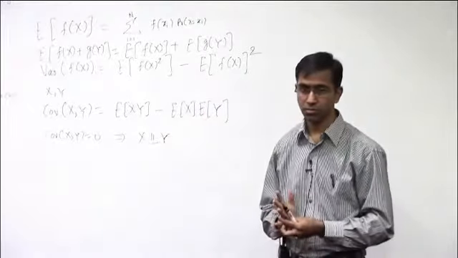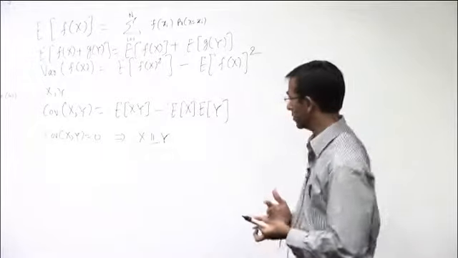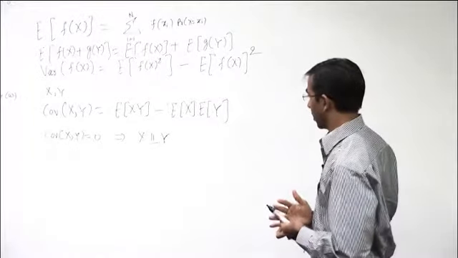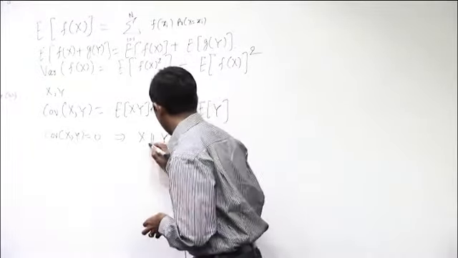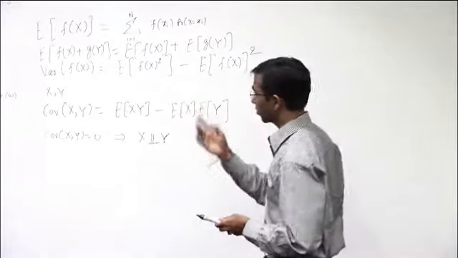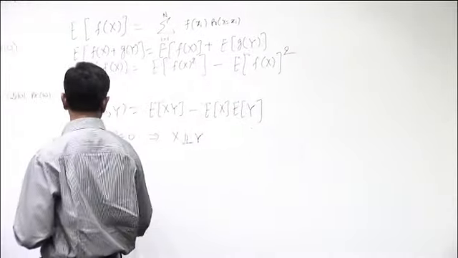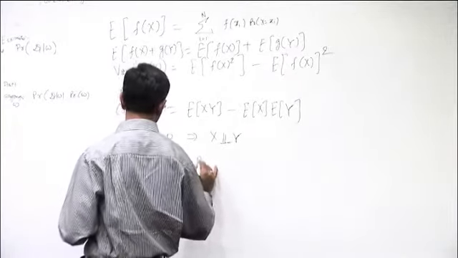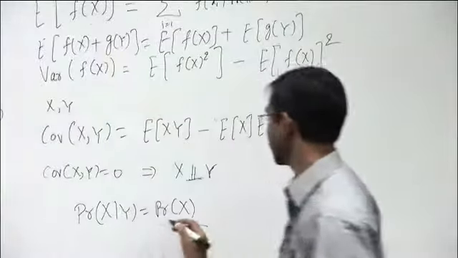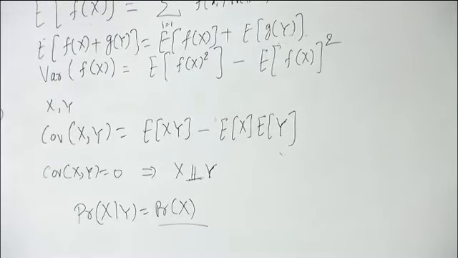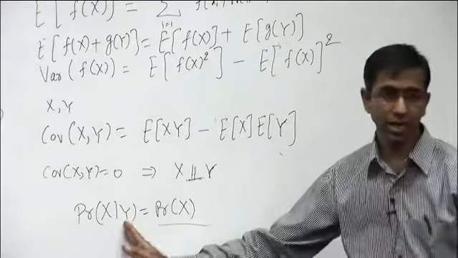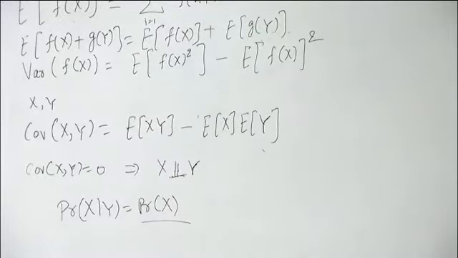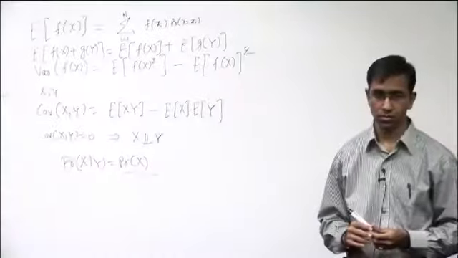That clear? So this is the symbol for independence. And in terms of conditional probability distribution, independence says that the probability of x given y is the probability of x only. The outcome of process y has no bearing on the outcome of x. The probability distribution remains exactly the same.